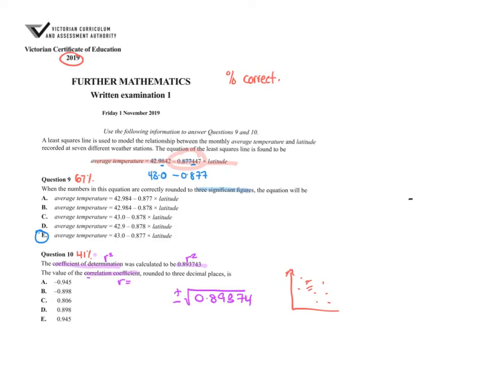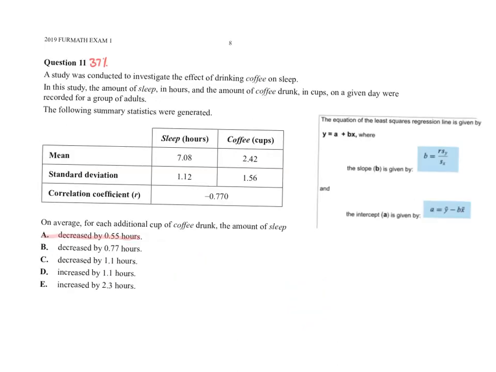So that b value is a negative, which would mean we have a negative r. So when you find the square root of that number, you get negative 0.93... 9.45.